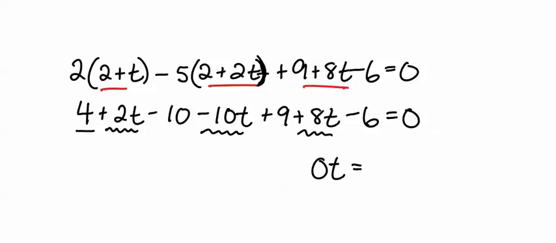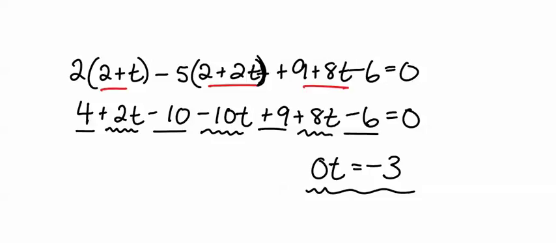And that's going to equal 4 minus 10 plus 9 minus 6, which is negative 3. So this is an impossible situation here. There's no value of t you can insert that will make this equal negative 3. Everything you sub in for t will make the t-part equal 0.